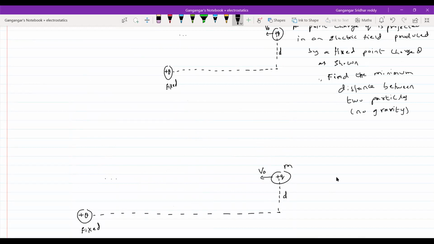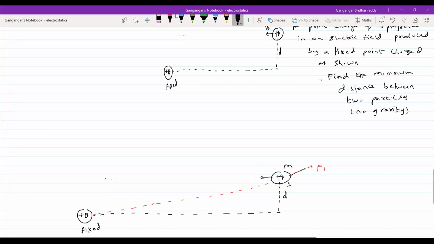I'll start with this. Here in this particular position, I'll call it position 1, the force F1 will act in this direction. The F1 will act along the line joining them. Because of force and velocity, it should trace the resultant path. In what way will the path be traced?